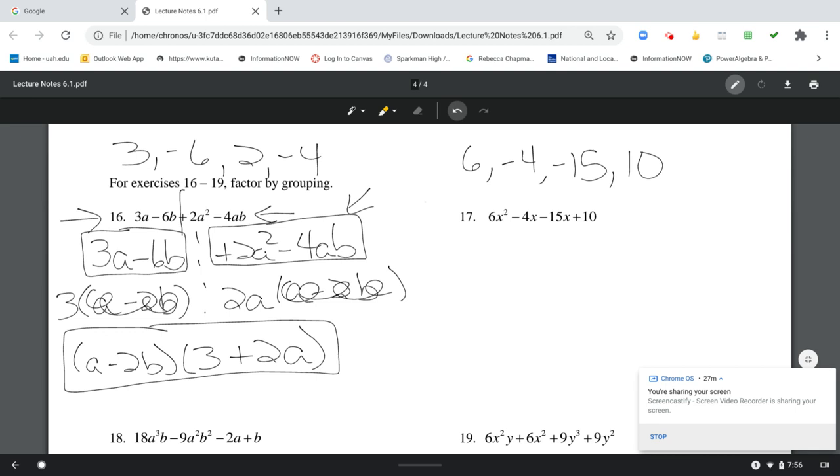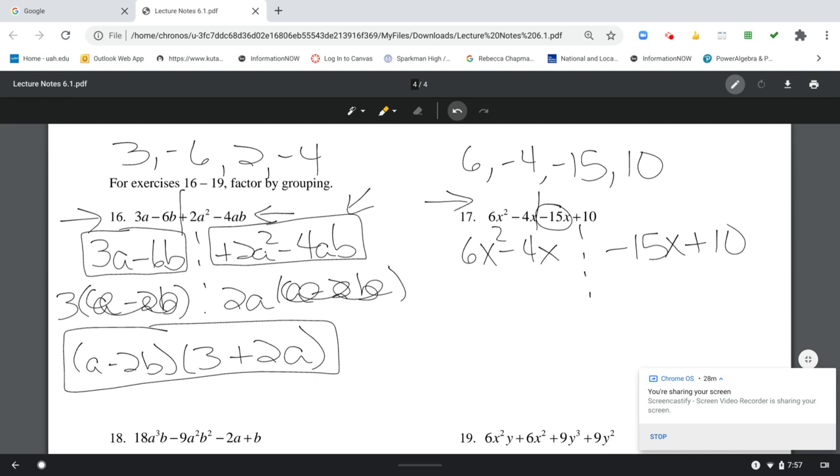As I look across the problem, some of the terms have x's, but not all of them have the variable x. So I don't even have an x in common. So I am going to split this problem in the middle. I'm going to look at the first two terms, and I'm going to look at the last two terms. Notice that I kept the sign with that third term. That was a -15, so I kept the negative with that term.